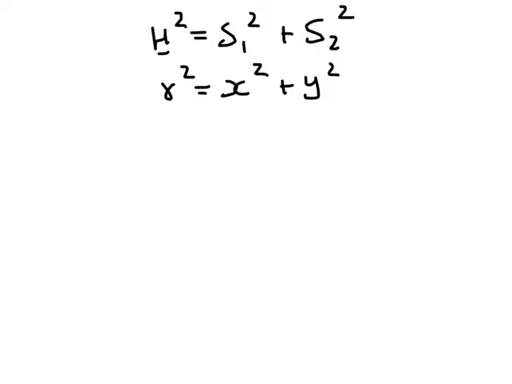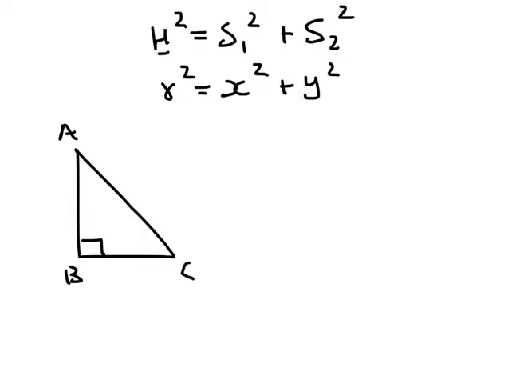So let's look at a right-angled triangle and see the calculations involved. It must have that for it to be a right-angled triangle. Maybe they can say that this point is A, this one is B, that one is C. It doesn't really matter. Let's say this side is 2, and this side is 3.